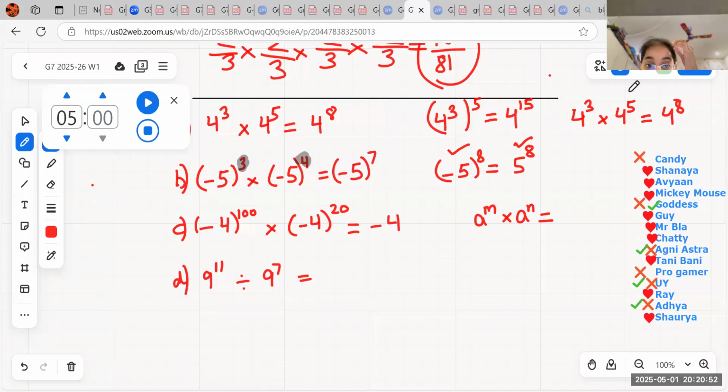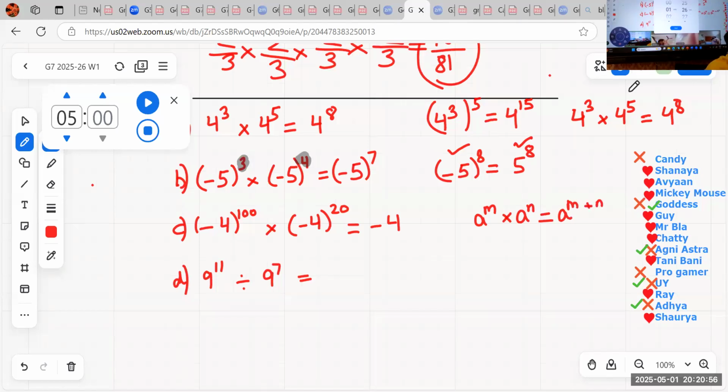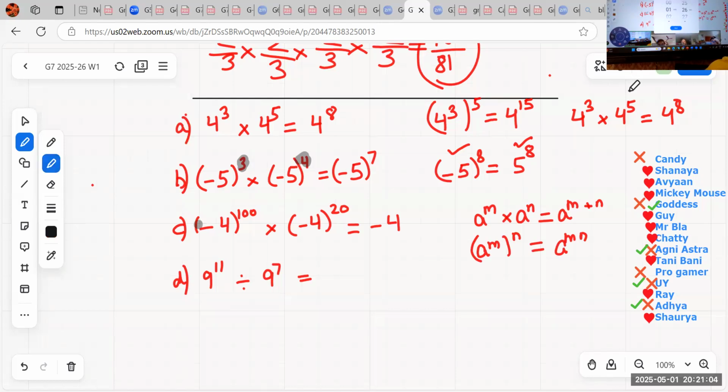A to the power m plus n. And A to the power m whole to the power n is A to the power mn. Now you see, the base is the same, so when you multiply, the powers add. So my answer will be -4 raised to the power 120.